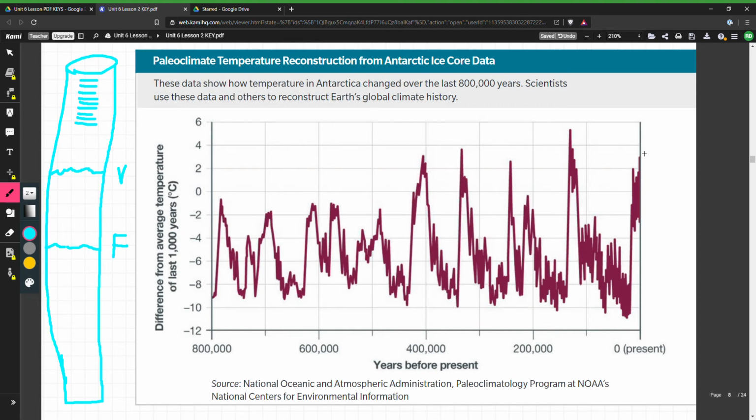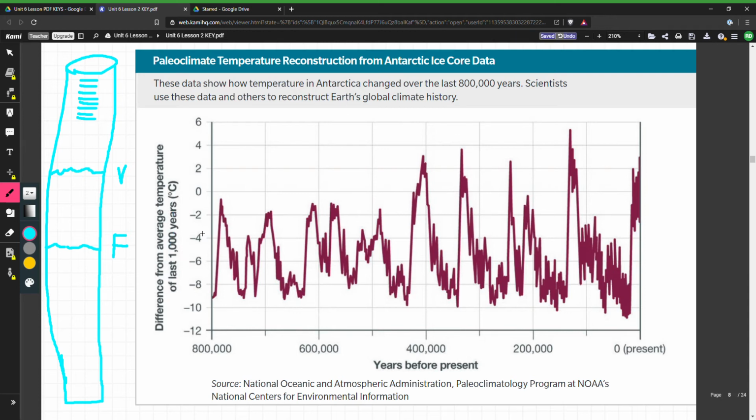But you can see this is the difference of average temperature over the last 1,000 years. I think that's supposed to say 100,000 years. Not sure why that says that.